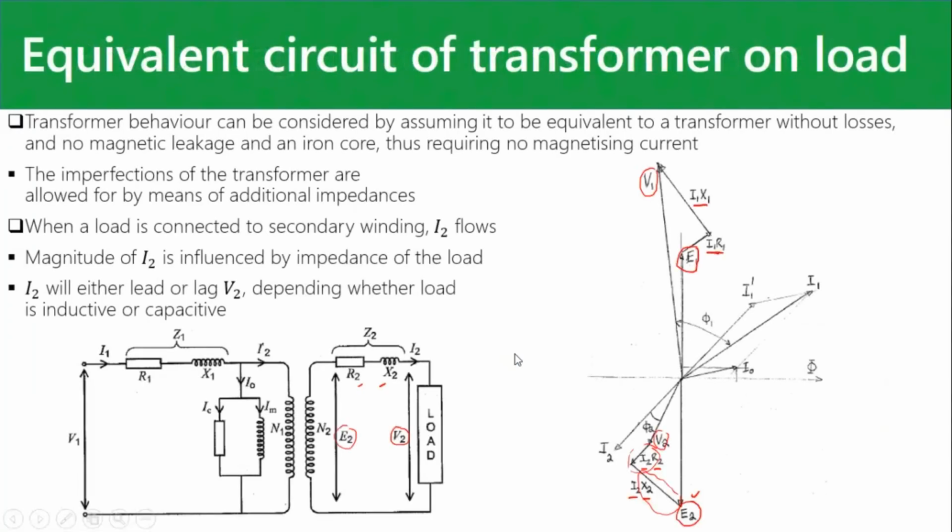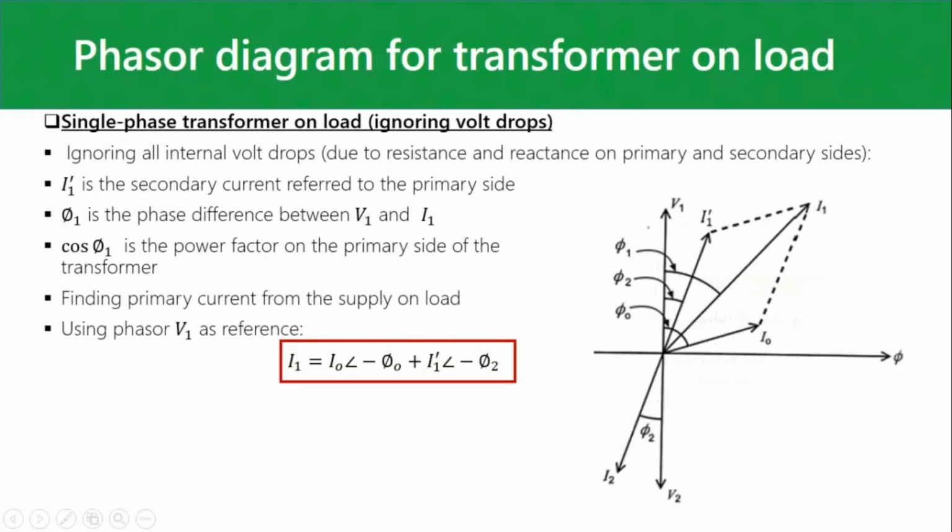All right, so what you have, as I said, is the I2, if you get a current I2 in the secondary, and you have a power factor which is set by the load, so you're going to get a phase angle. This is due to the impedance ZL, the load impedance, because that'll have a magnitude Z at some angle theta ohms, or phi 2 ohms, and this gives this angle.